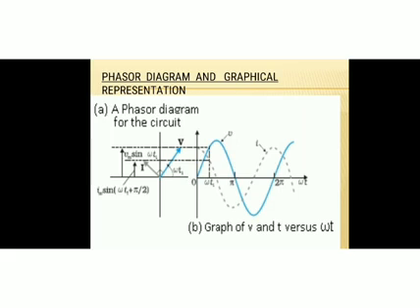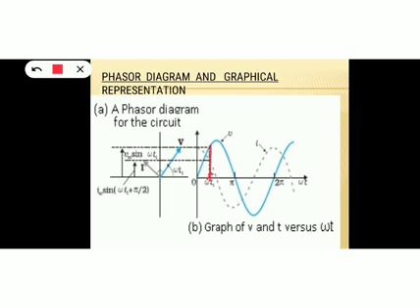Now look at the phasor diagram. Here, just consider a point omega t1, and the blue line represents the graph of voltage and the dotted line represents the graph of current. And what is the value of voltage and current corresponding to omega t1? So for that, draw a line to the graph.